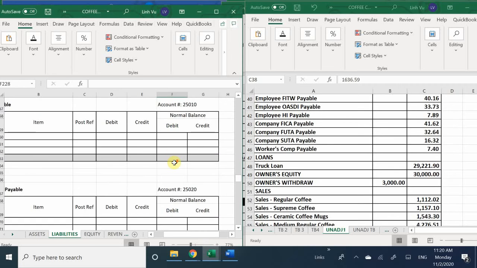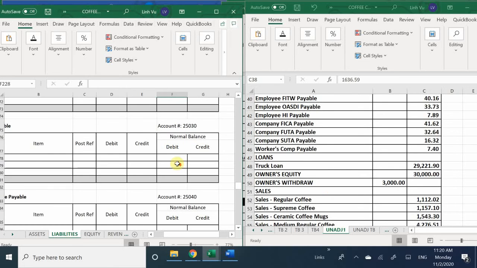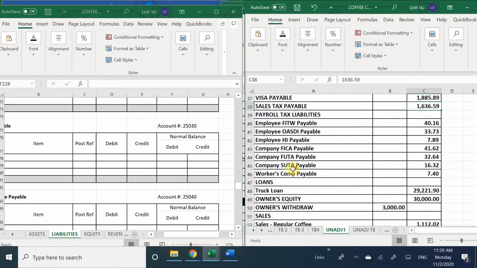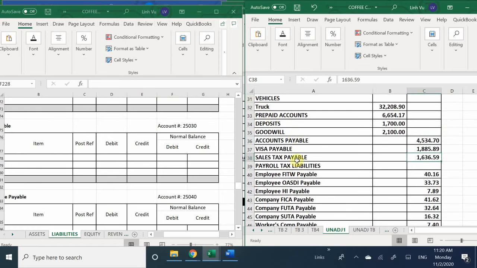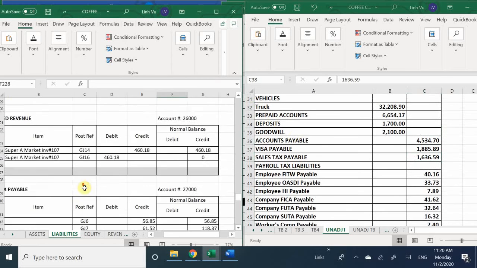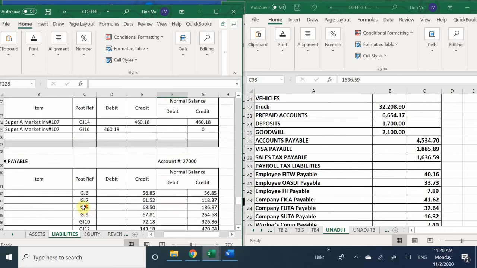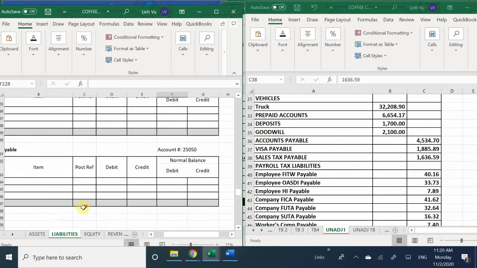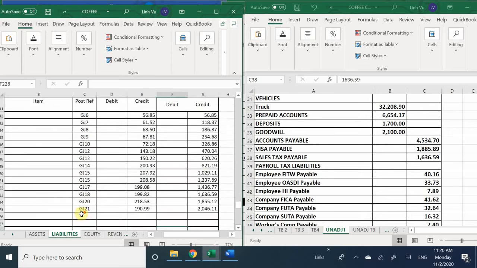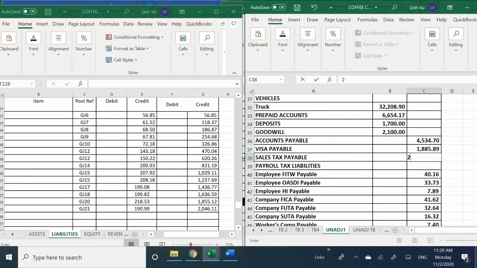Now, the only thing that was different was my sales tax payable, and how much was that for my sales tax payable. So let me find it real quick. Okay, here's my, did I miss it? Yes, I did. Here's my sales tax payable. How much is my sales tax payable? 2046.11.